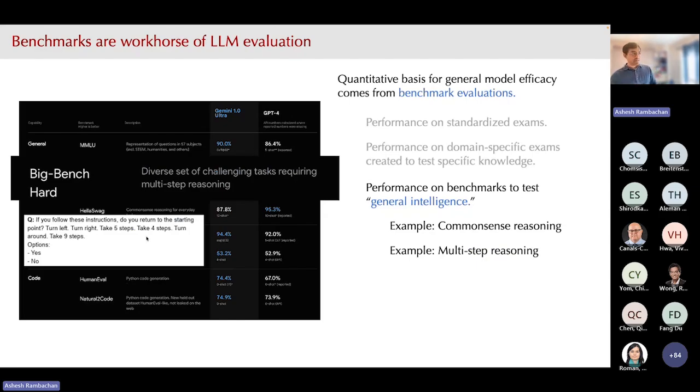Of course, HellaSwag is not the only one. Another well-known benchmark is Big Bench Hard, which examines model performance on harder multi-step reasoning problems. For example, one question in Big Bench Hard is the following. If you follow these instructions, do you return to the same starting point? Turn left, turn right, take 5 steps, take 4 steps, turn around, take 9 steps, and then you prompt the large language model to answer yes or no.